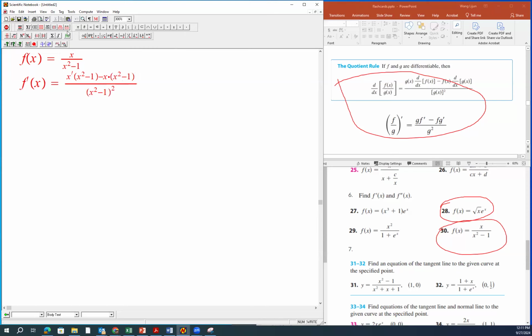So when you write something like this, you're really quoting the formula. f prime g, the numerator is f, the denominator is g, so g squared. This step should be paid a lot of attention. You don't want to rush through this, and you don't want to make those common mistakes.